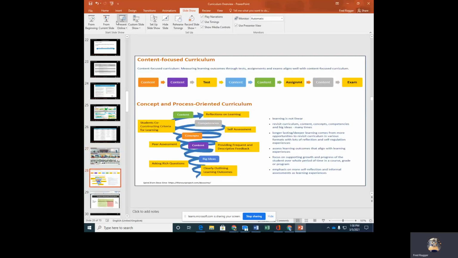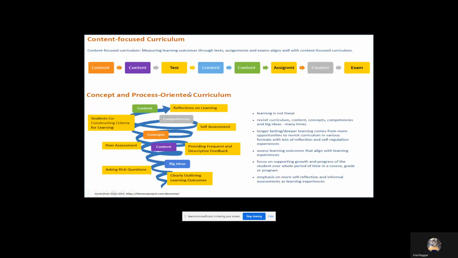Here's another graphic that shows this, right? The old system would be content, content test, content, content assignment, content exam, and a loop that we all do. And I think in the new curriculum, it's more of a concept and process-oriented curriculum.